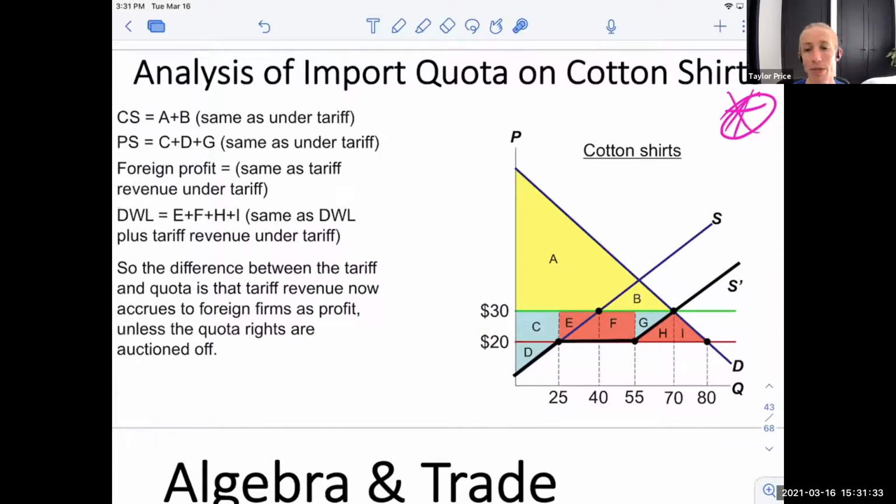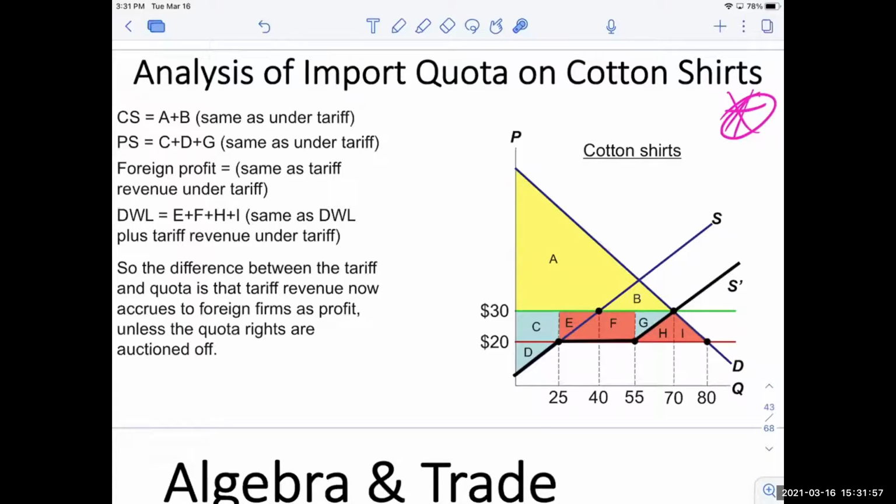So foreign producers still produce at a price of $20, but they don't have to pay that $10 tariff when they're importing the goods. And so because of that, they're actually still getting the difference between 20 and 30, and that's just going to them as profits. Okay, I thought that it would just stay at 20.